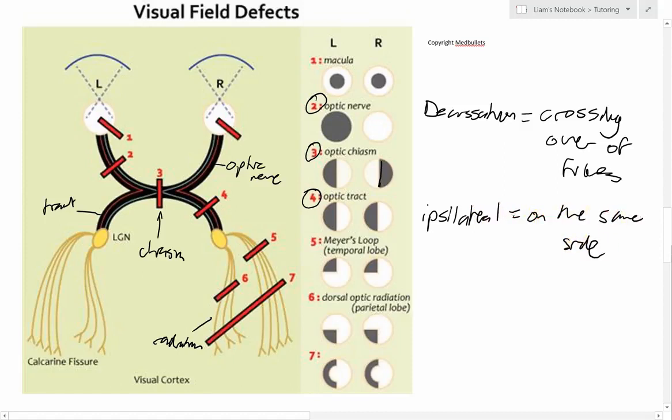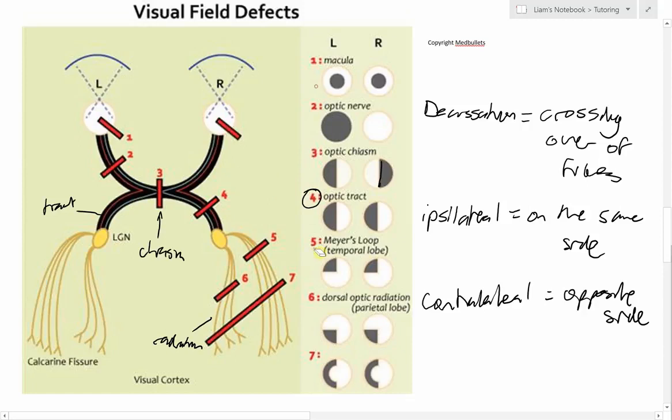So for example, if I had a left lesion affecting the left eye, I'd say that that was an ipsilateral lesion to the defect. Conversely, we have contralateral, which means the opposite side. Cool. So let's start with a clean screen.